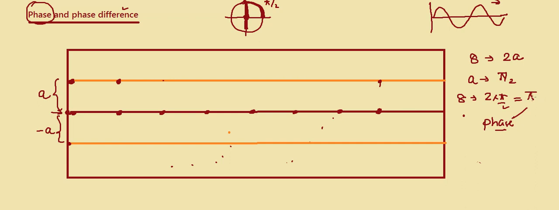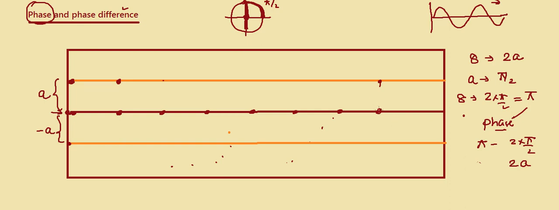What information does the phase give me? It tells me the phase is pi, and if it is pi, I can write it as 2 into pi by 2. That means 2 amplitudes of motion. So I know it has started from the mean position, gone here and come back over here. It tells me how many amplitudes of motion that particular particle has covered.